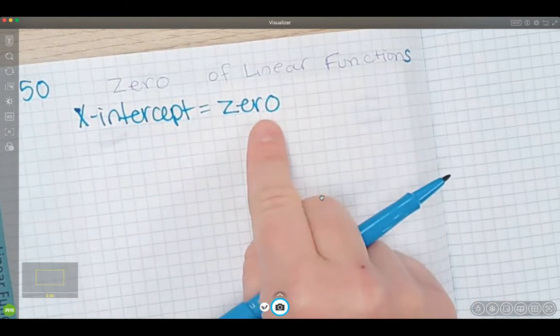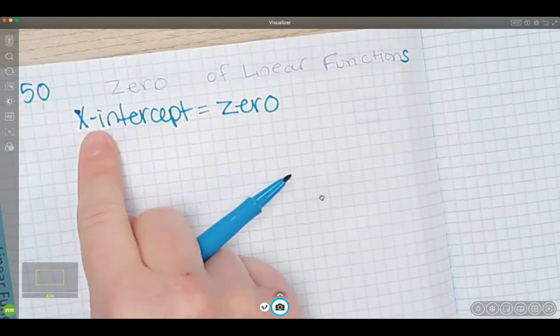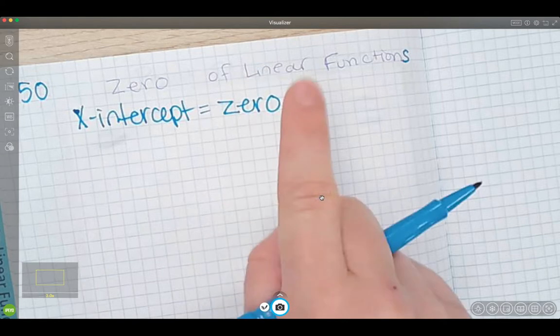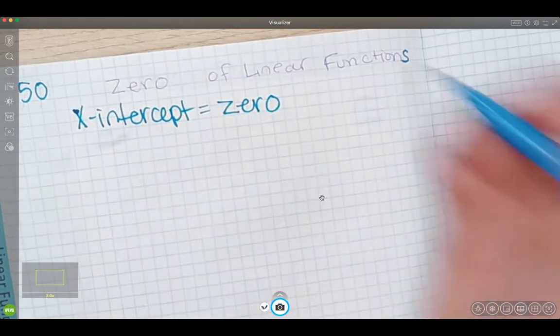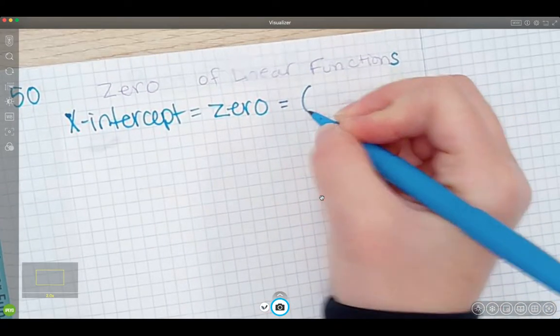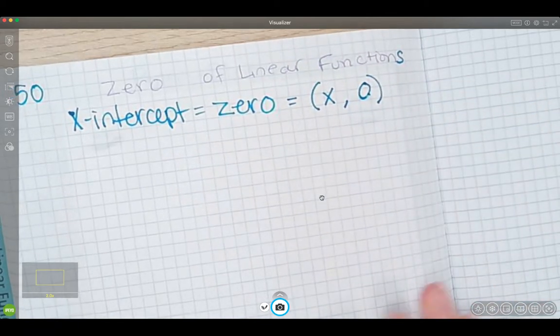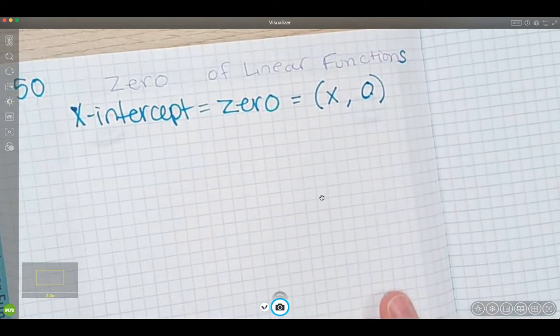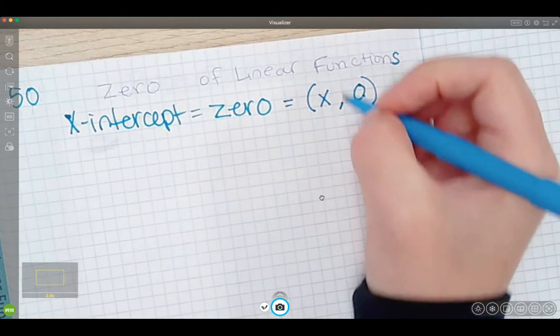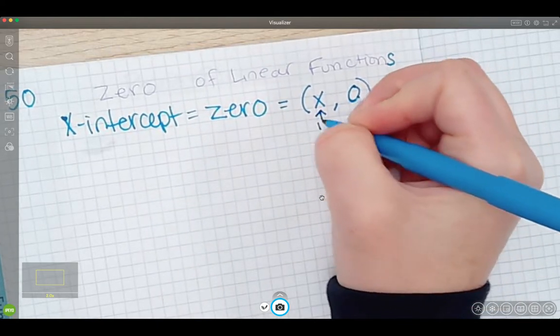Anytime you see zero, you need to think x-intercept. X-intercept, zero. Zero, x-intercept. The x-intercept is whenever you have a number for x and a zero for y. So x is some number.